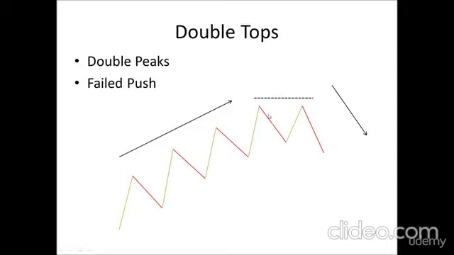Let's look at this double top. We have a pullback after a push, price goes for another push, it goes to create another higher high, but it can't do it, and price retraces or pulls back before we have created a higher high.